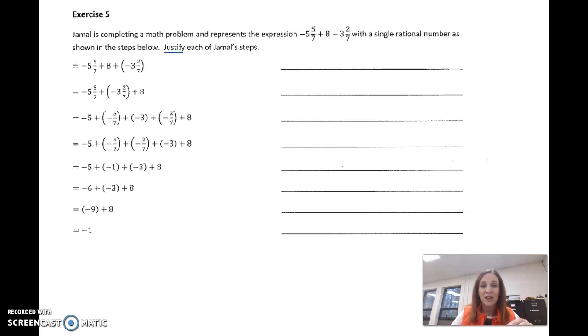We have to justify each of his steps. So we're going to look. What did he do to go from here to here? What's different? Well, he changed his subtraction to addition.